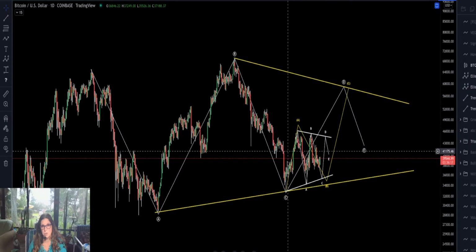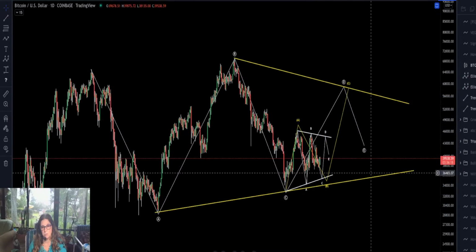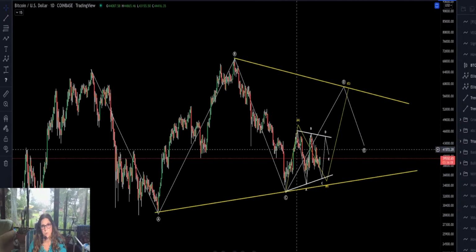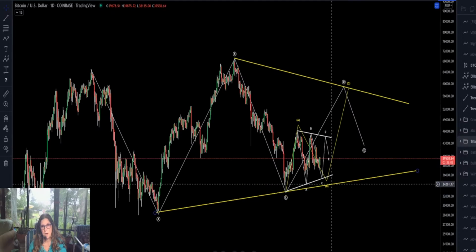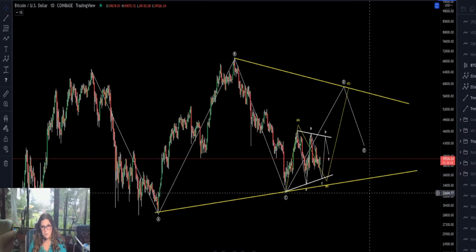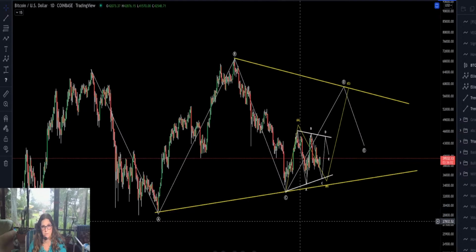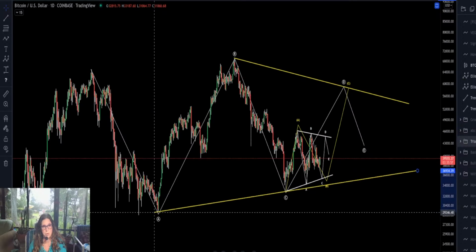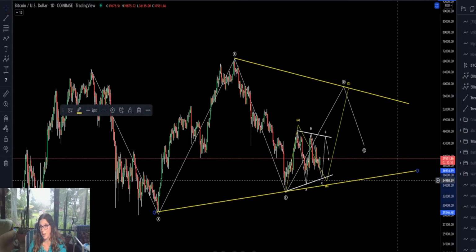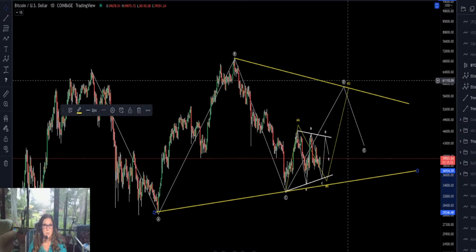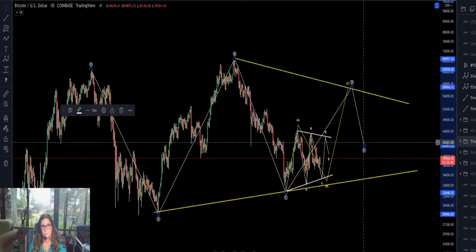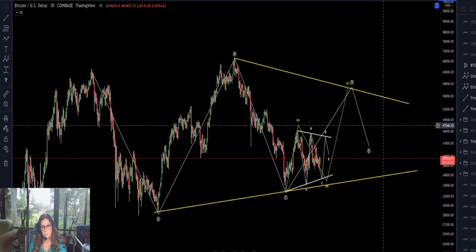Now, we have to complete this triangle and not hit this trend line again. If we were to hit the trend line, I would say triangle is off the table, because you should not have more than one hit on a trend line for a particular leg. So this is what we're hoping for, that we're going to get up here for this triangle.